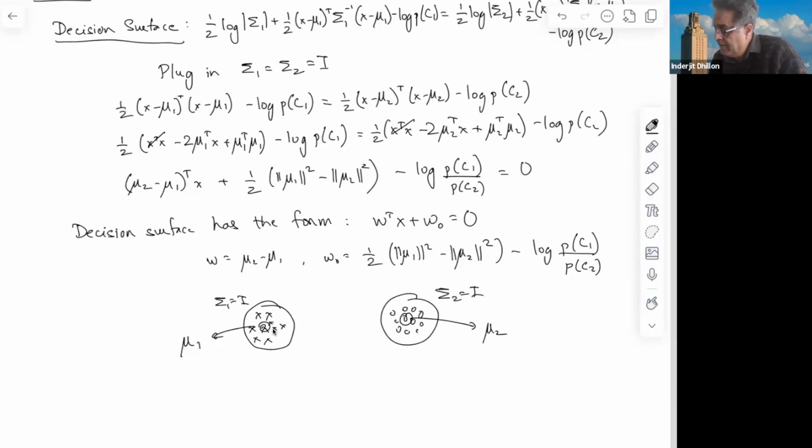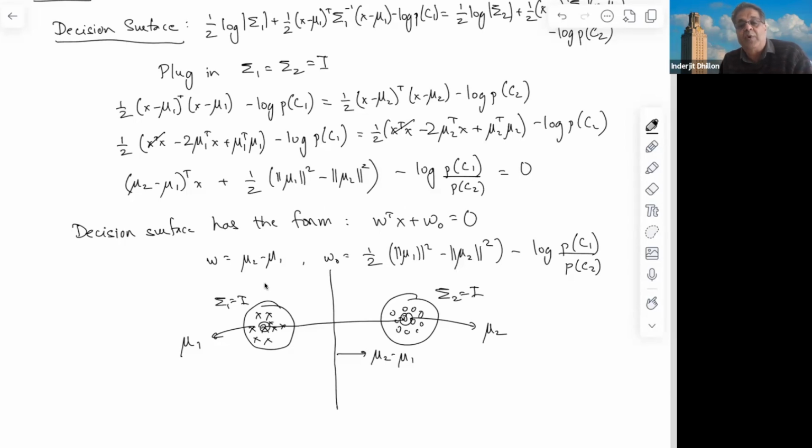Then I'm joining these two points, and the decision surface is a normal, where the normal is mu2 minus mu1, and the position of this decision surface depends on these quantities.